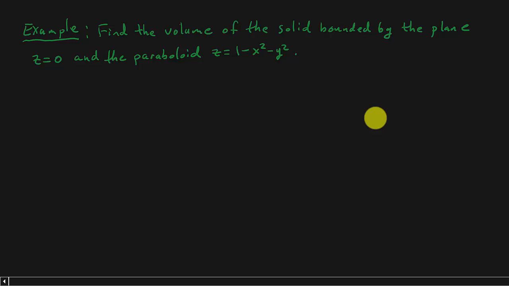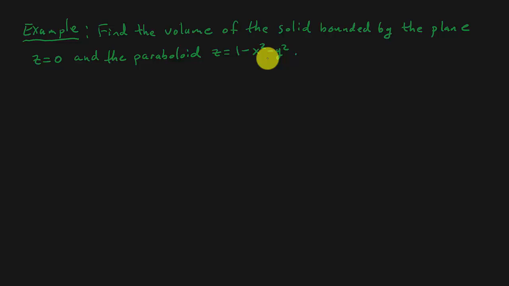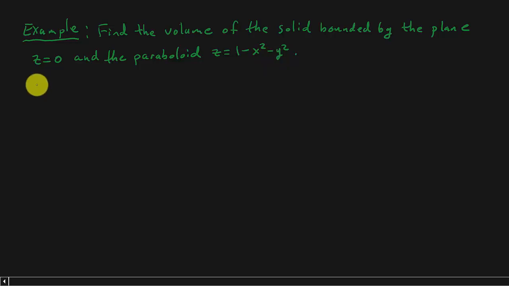All right, so let's see if we can't sketch this graph. So we know we got a paraboloid. It's opening down. Okay. Now, it says z equals 0. So if we say z is equal to 0, then that means that we have x squared plus y squared equals 1.